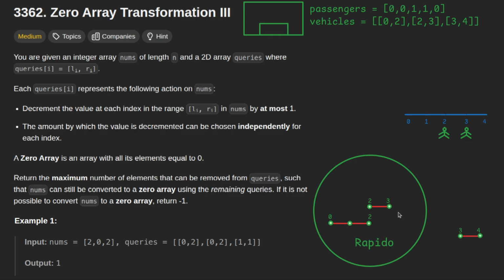For example, here the first captain is stopping at sector 2 only, but we have already seen that at 0 and at 1 there is no customer, so he is only going to serve one customer who is standing here and interested in going to sector 2.